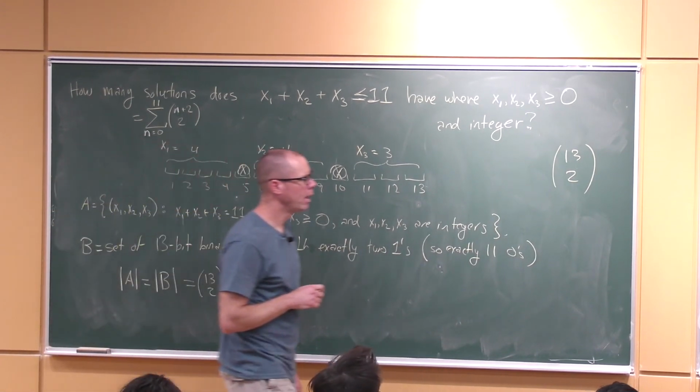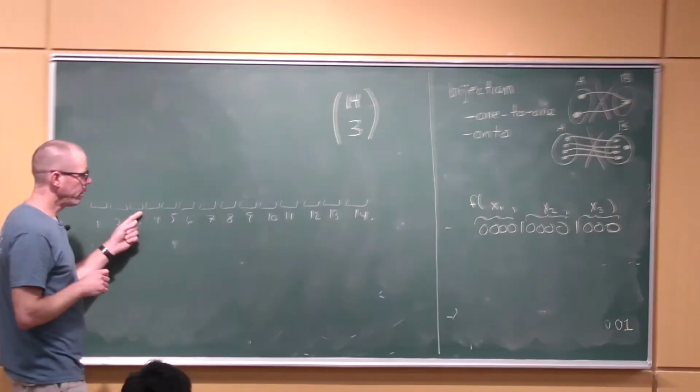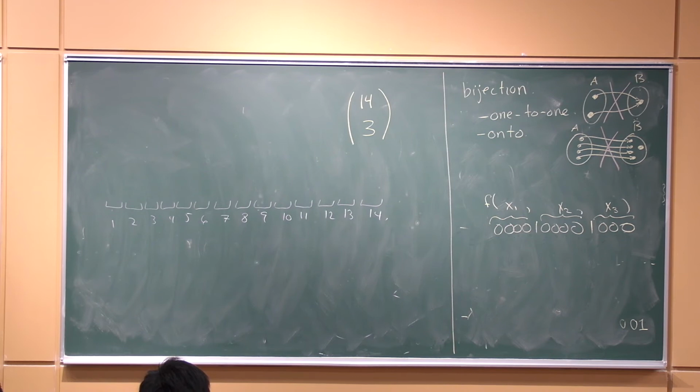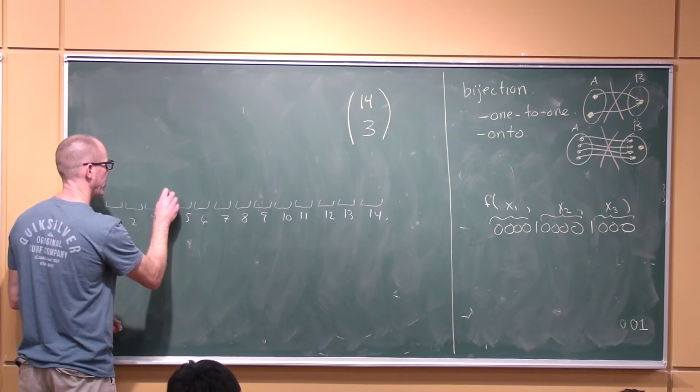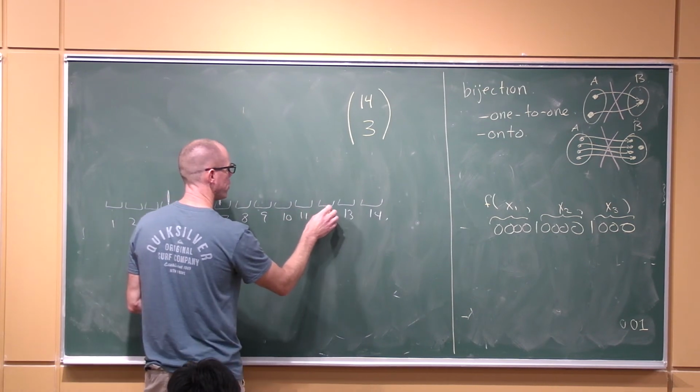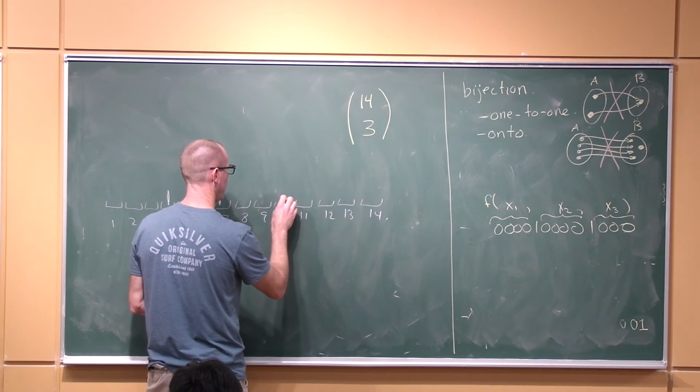We'll use, let's say, a bit string of length 14 that has exactly 3 ones in it. Like here, here, and here.